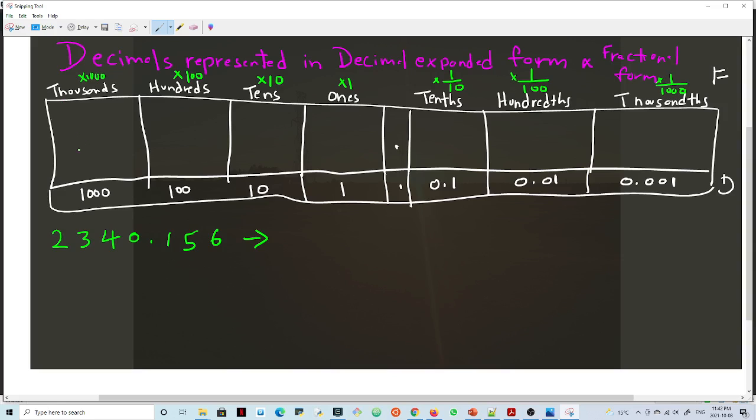So in the thousands column, we're going to put 2, hundreds is 3, and tens we got 40, so 4 tens, and in the ones column, we have 0.156. All right, so to represent this number now in fractional, let's take fractional first.